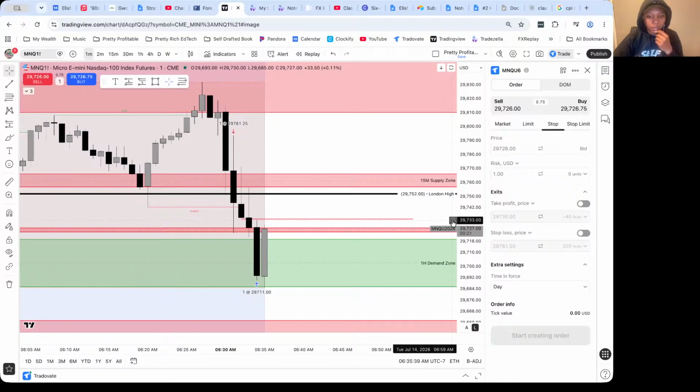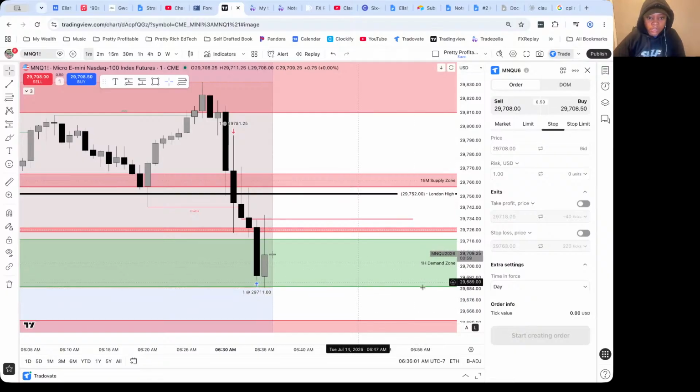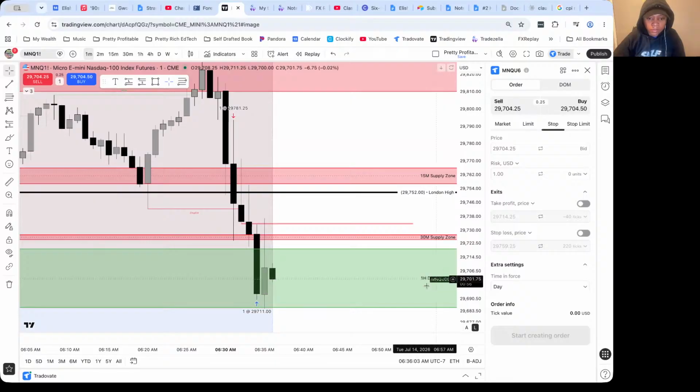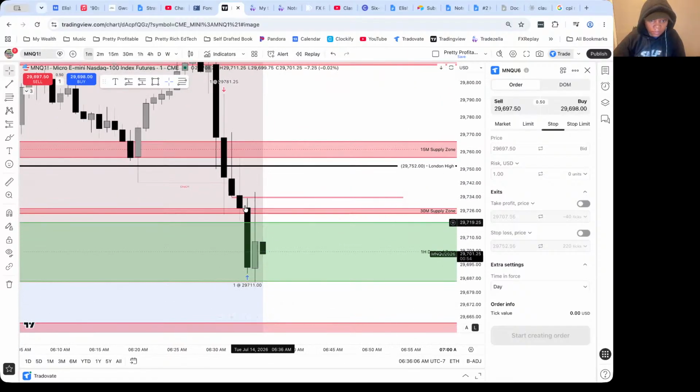I'm still learning about what I want my daily target to be, what's a great number for that based on how much I want to risk of my account. Currently right now in a demand zone, if a candle closes on the outside of this demand zone, then it invalidates it. But right now it's just bouncing off of it.